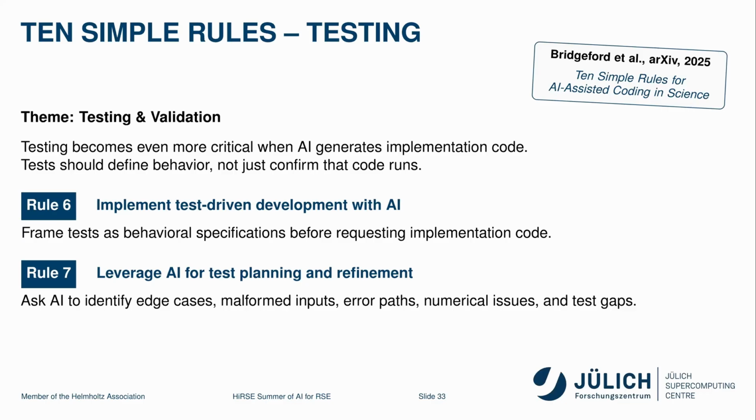Frame your tests as behavioral specifications before requesting implementation code. And rule 7 is to leverage AI for test planning and refinement. You can simply ask AI to identify edge cases, malformed inputs, error paths, numerical issues, and test gaps.